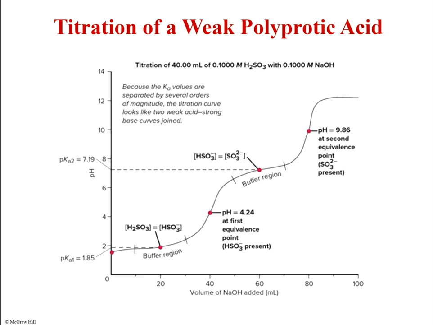Now there's a second equivalence point in this reaction, because in this titration we can add 2 moles of hydroxide to consume both of the hydrogens in sulfurous acid. So at the second equivalence point, we have the weak base sulfite. And then once we go past that, we'll have a strong base solution.